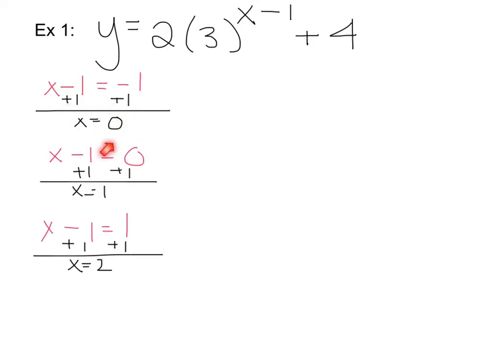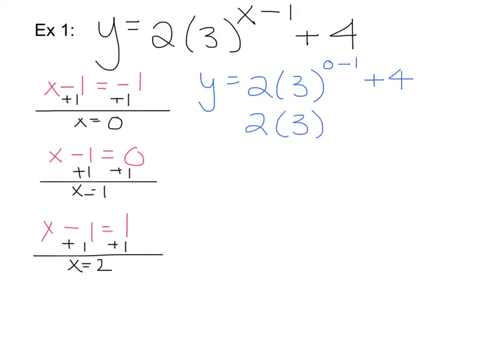So these three values of x are what we are going to substitute into our equation. Let's look at the first one. y equals 2 times 3 to the 0 minus 1 power plus 4. 0 minus 1 is negative 1. The negative 1 makes it a fraction. 2 times 1/3 makes it 2/3.